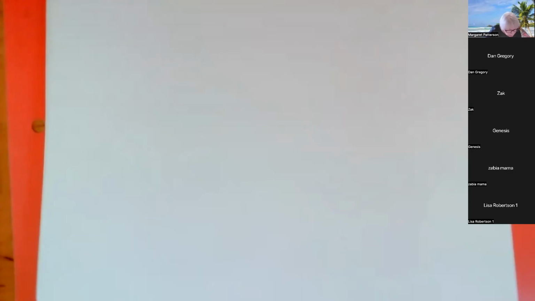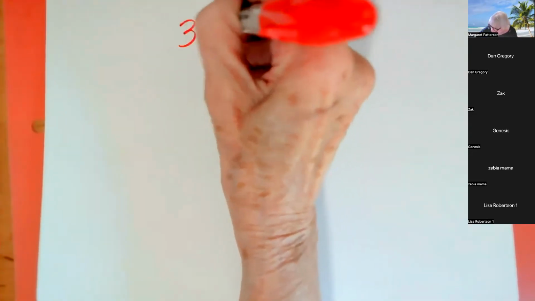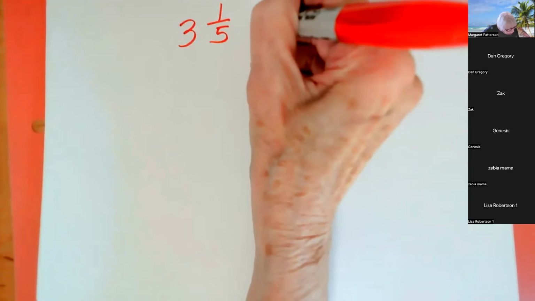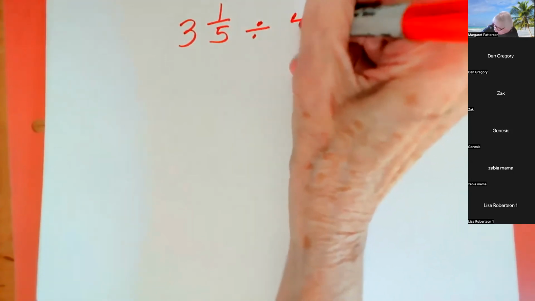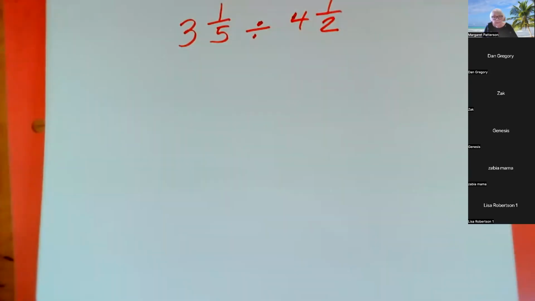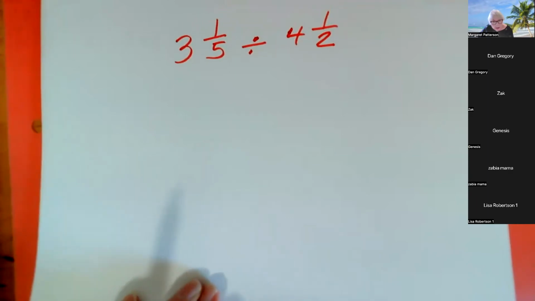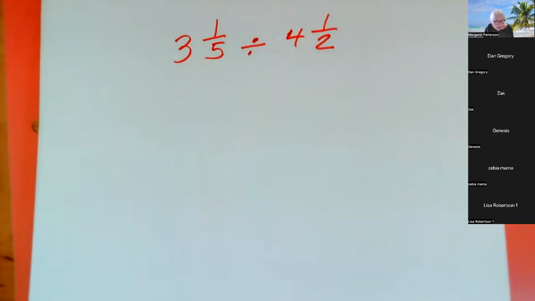Let's try one with a mixed number. 3 1/5 divided by 4 1/2. Okay, well, that's a mess. There's no way you're going to be able to see an easy answer to that. And so we're going to first of all make simple fractions.